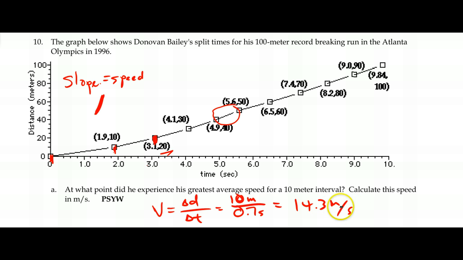Now, we can talk about the accuracy of that measurement, but for now we're just interested in actually calculating it. That's a little over 14 meters per second during that one 10-meter section of the trip. 14 meters, that's a good long distance. It's certainly the width of the classroom. So this person is traveling that width in 0.7 seconds.